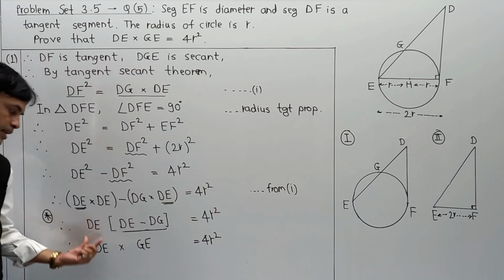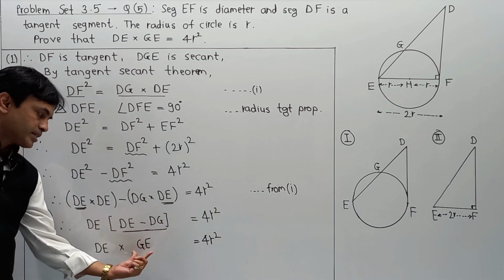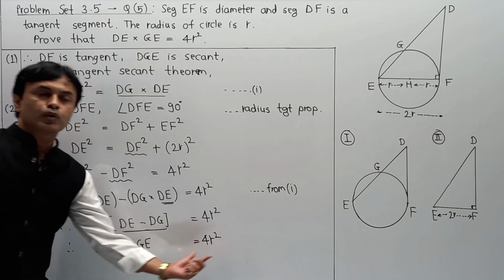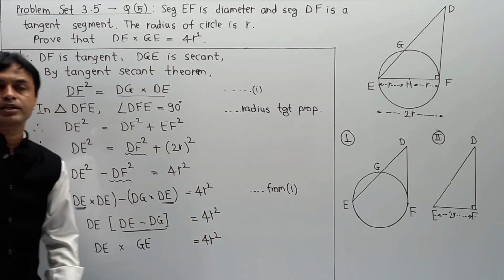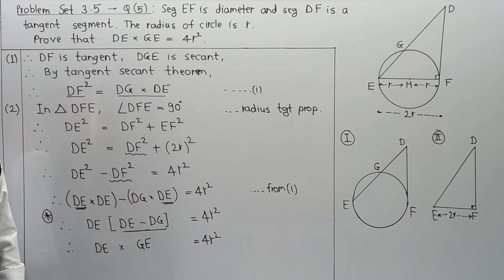So DE into GE is equal to 4r square, and that is our required answer. And in this way you can complete the entire proof.